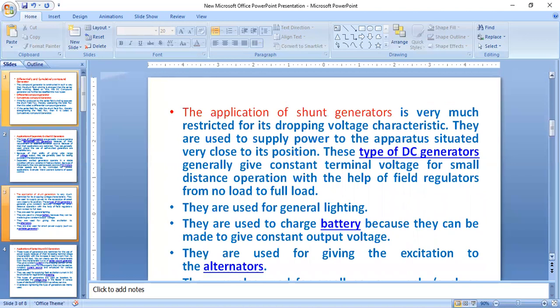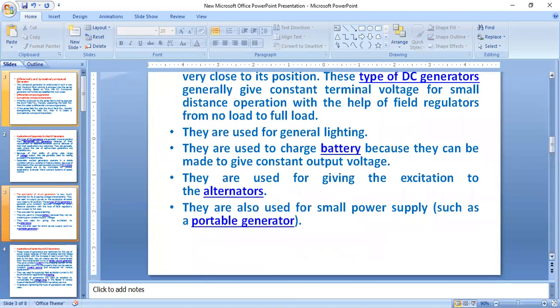Let us discuss the applications of shunt generators. Shunt generators are very much restricted for their dropping voltage characteristics. They are used to supply power to the apparatus situated very close to its position. These types of DC generators generally give constant terminal voltage for small distance operation with the help of field regulators from no load to full load.